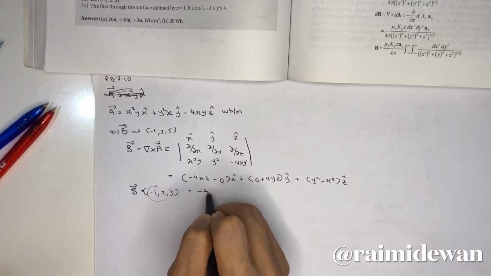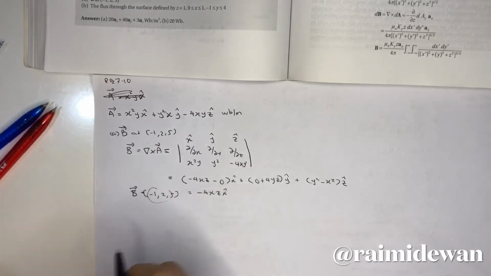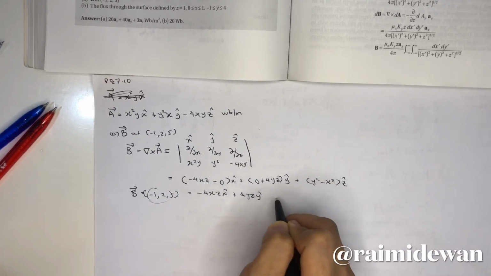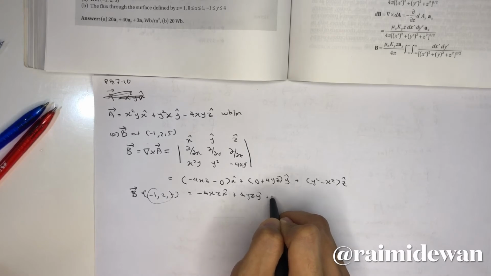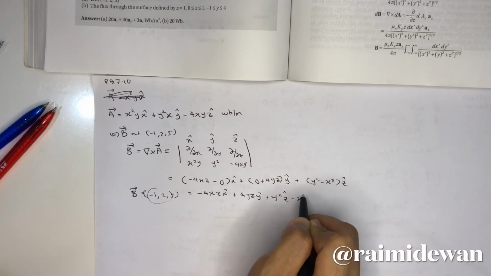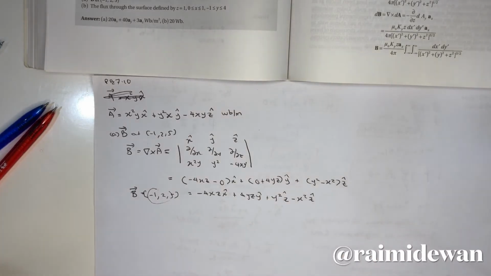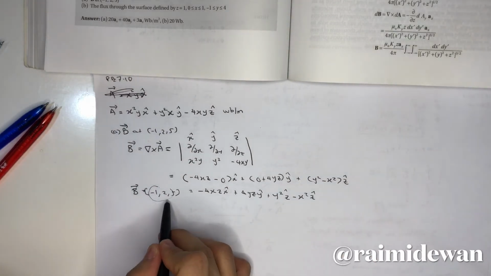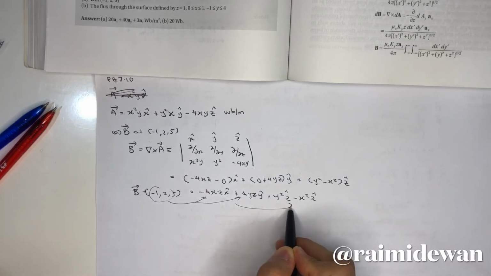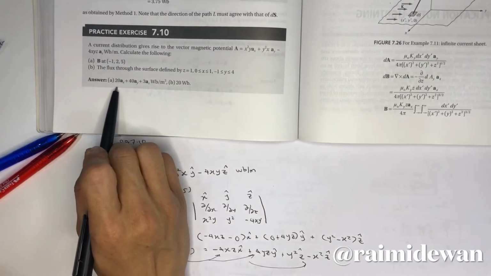So you have 4xz in the x direction, 4yz in the y direction, plus y squared minus x squared in the z direction. So what you may do is put the values of x, y, and z inside. Then you find that you're going to have this answer.